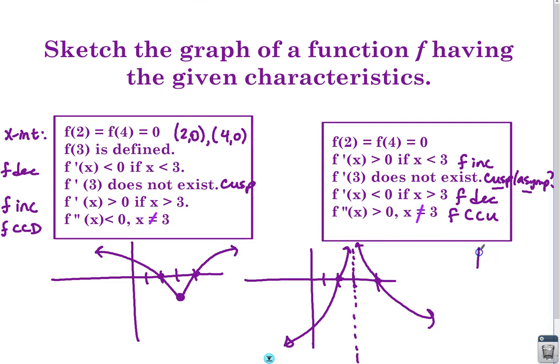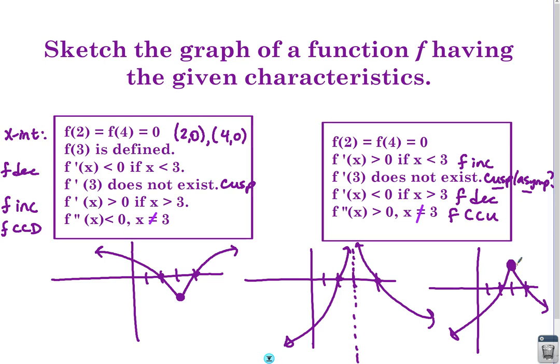Another option is to have the two x-intercepts again, but let's put an open circle at 3. We only know that the derivative does not exist. We don't actually know that the function itself does not exist. So I could have this right here, and then just like we did earlier, I could either fill this in, or I could not have it filled in.